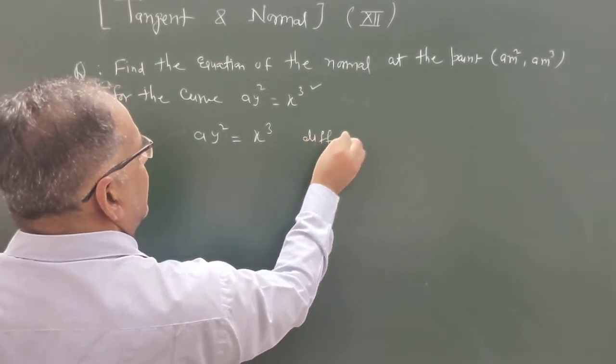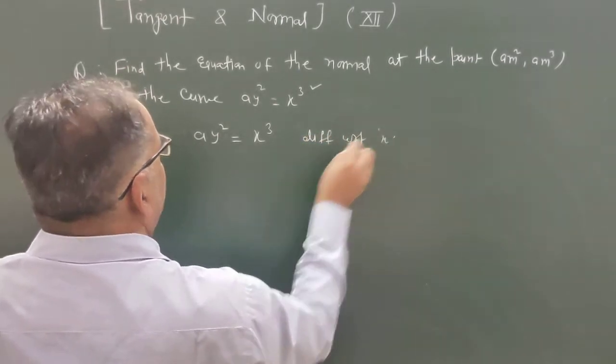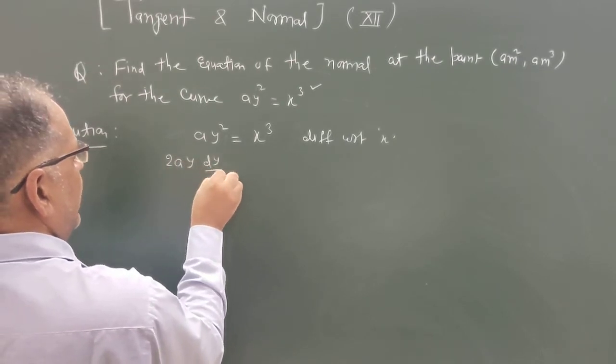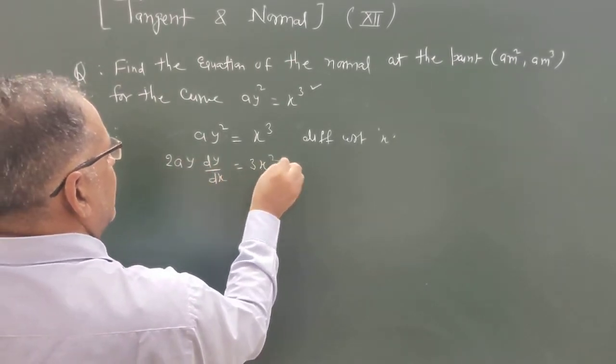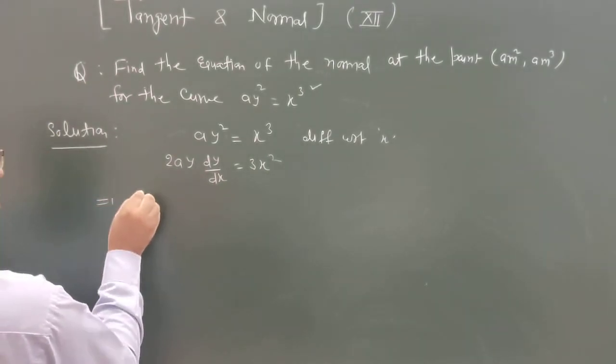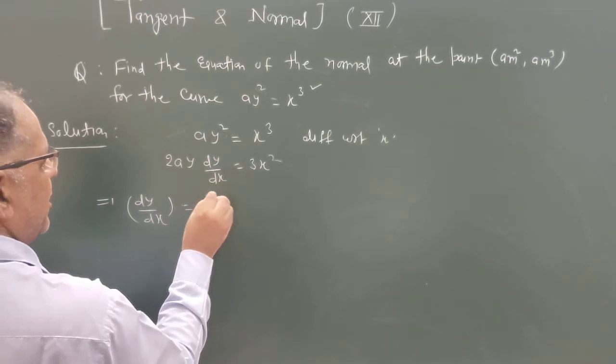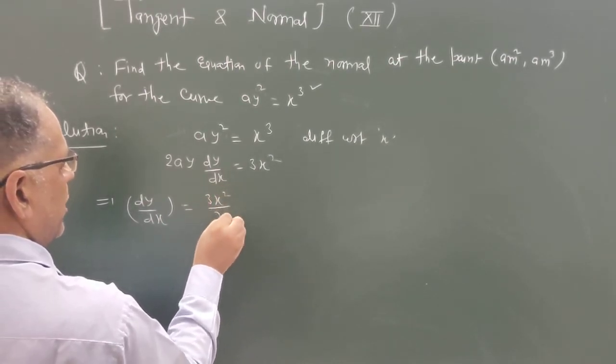Differentiate with respect to x. So 2ay dy over dx equal to 3x square. That means dy upon dx, called the slope of tangent, is 3x square upon 2ay.